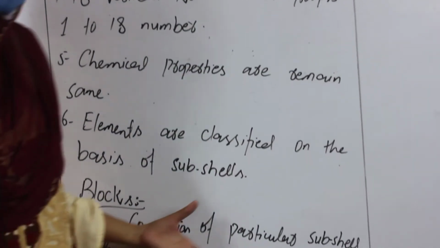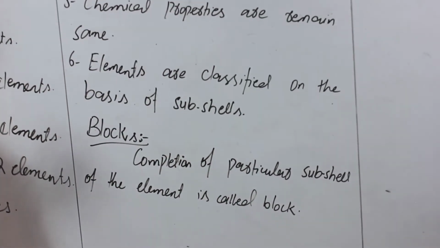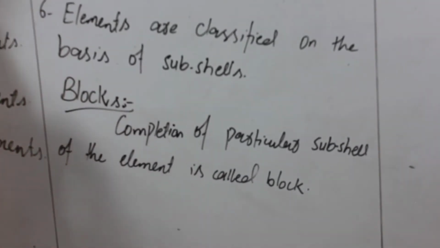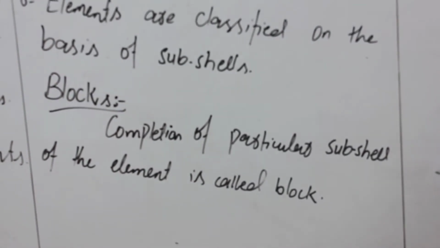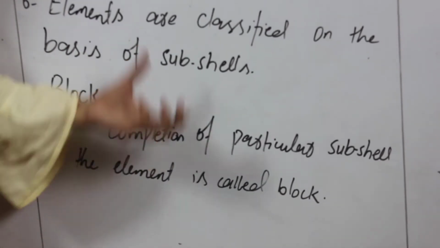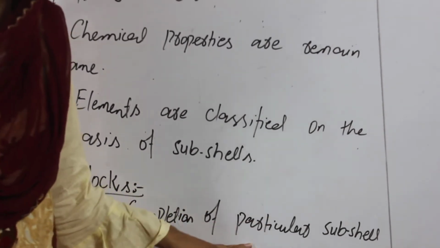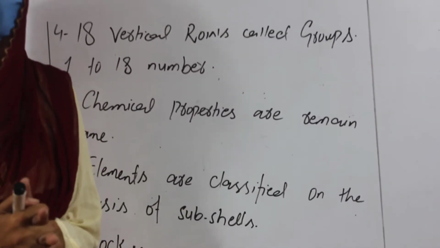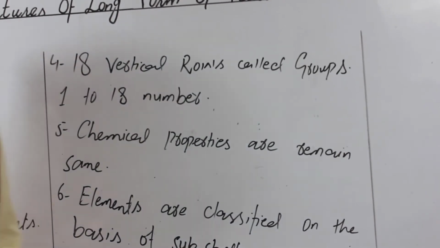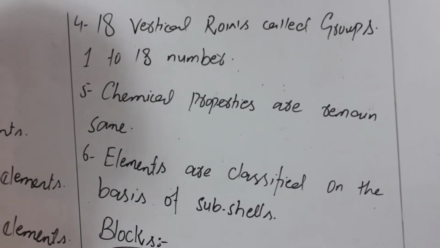If the elements complete on a particular subshell, like the S subshell or the P subshell, their electronic configuration on the basis of that particular subshell is called a block. I repeat, the completion of the particular subshell of the electronic configuration of elements is called a block.